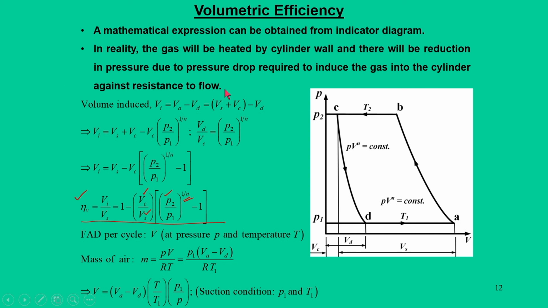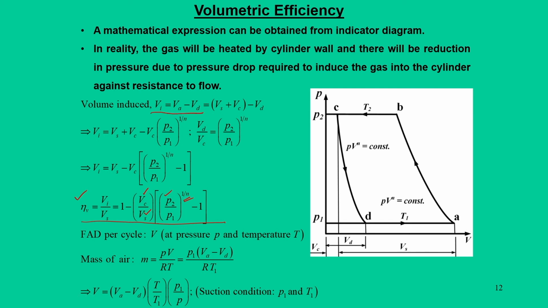So, when you calculate the mass flow rate, the actual mass flow rate is PV by RT, and your volume is nothing but V_A minus V_D. But the volume that we are going to use, which is the volume induced, V_I, is equal to V_A minus V_D.